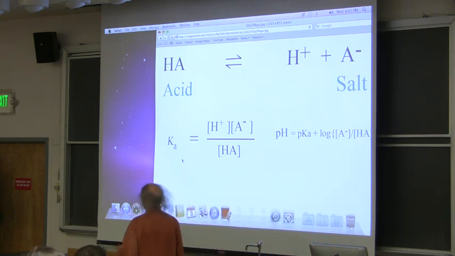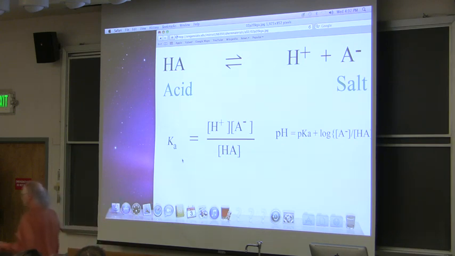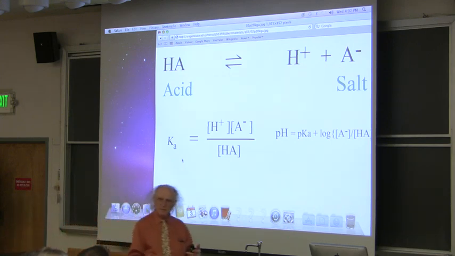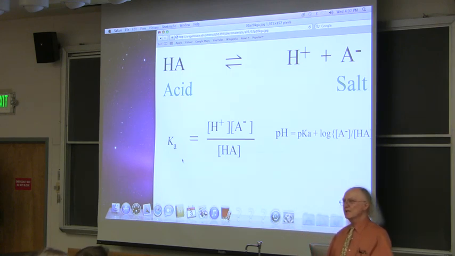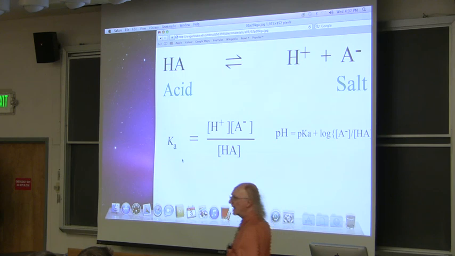There are 2 terms on here that we want to start with, acid and salt. The acid on the left, as I described to you before, is a weak acid. HCl is a strong acid. They're not the same thing. So a weak acid makes up a buffer. A strong acid will not make up a buffer. It will not act like a buffer.